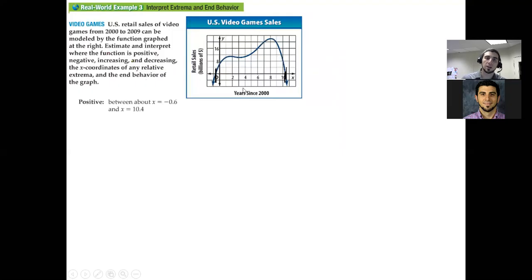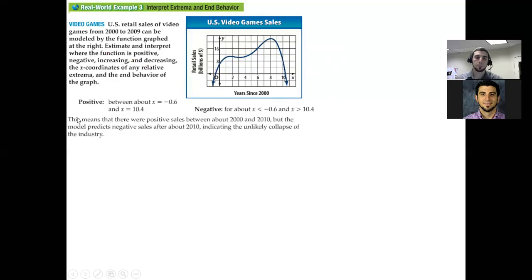So the graph is positive between negative 0.6 and 10.4, and it's negative for x values before negative 0.6, so x is less than negative 0.6, and values after 10.4, so x is greater than 10.4, the graph is going to be negative, right? Now we got to look where it's increasing and decreasing.